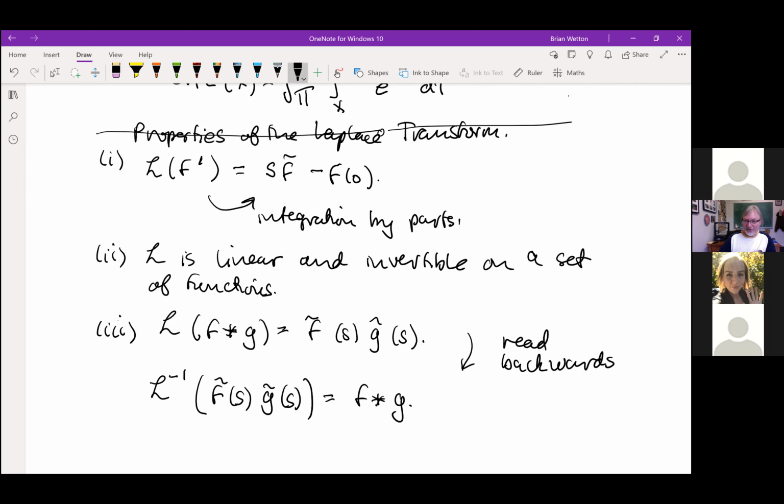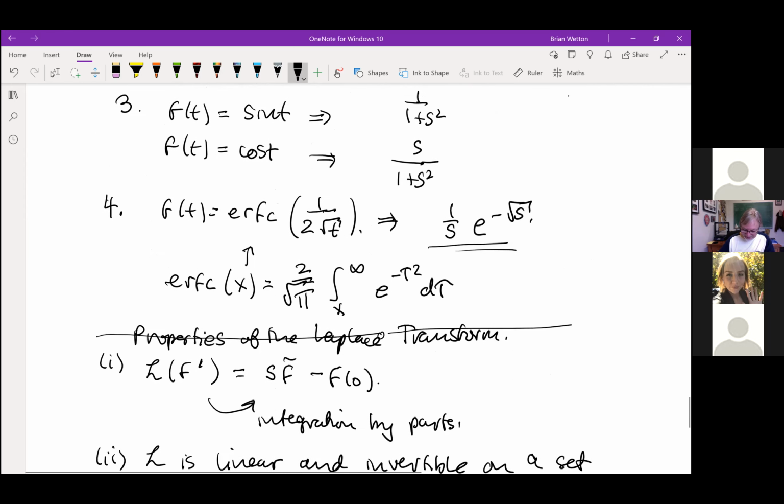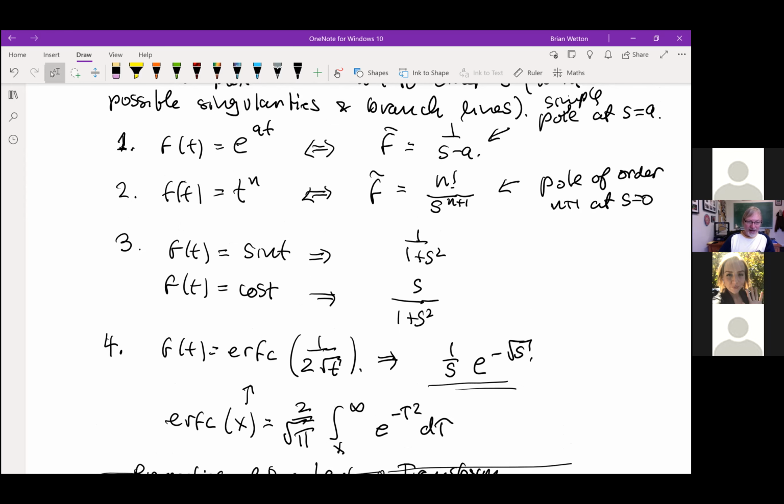So I haven't told you how to compute this thing in general, and I'll come back to that next time. But if you have these properties and a table of transforms, of course, the table of known Laplace transforms is quite large. We've only got these 4, but it's going to be enough for the examples we're going to look at.